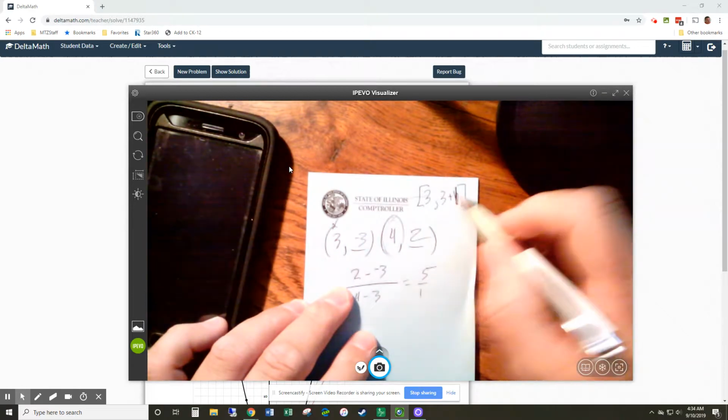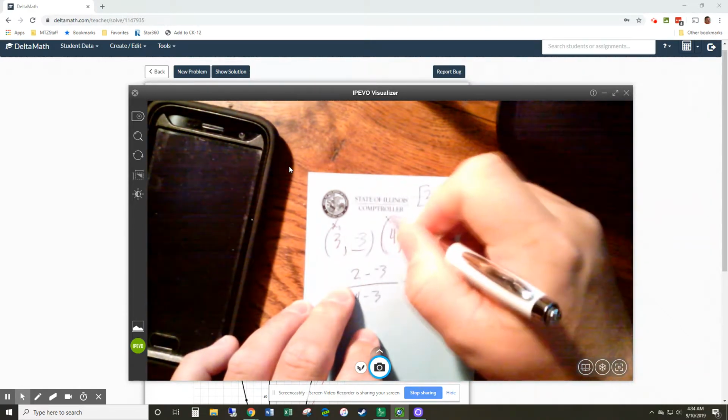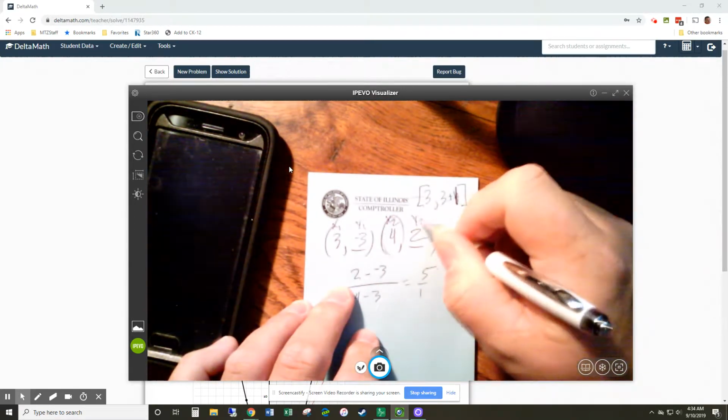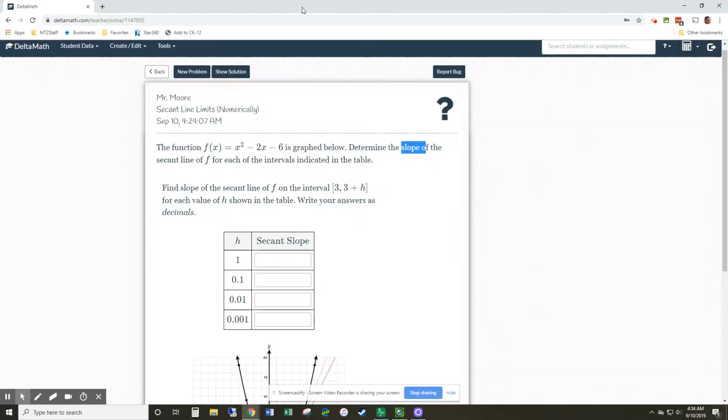So there's 3, there's 4. Now once I have x1 and x2, I need to find y1 and y2. How do I find y1 and y2 if I know x1 and x2? Well, let's plug it into x squared minus 2x minus 6.